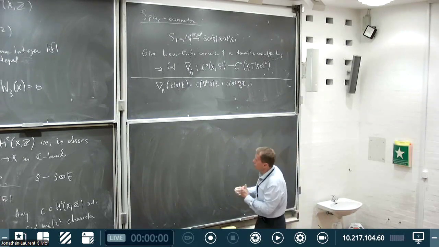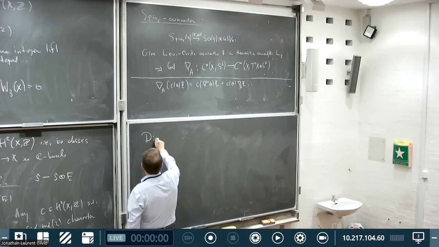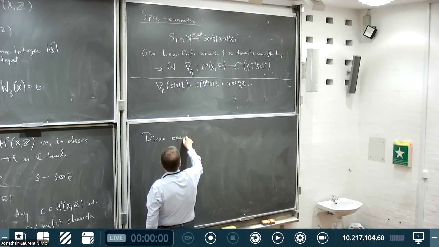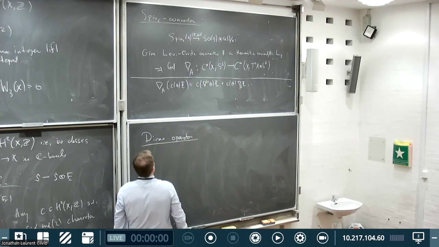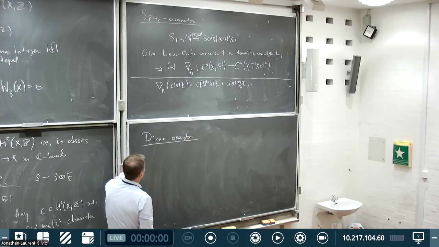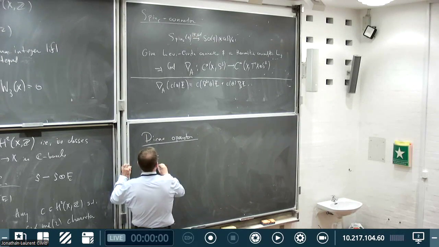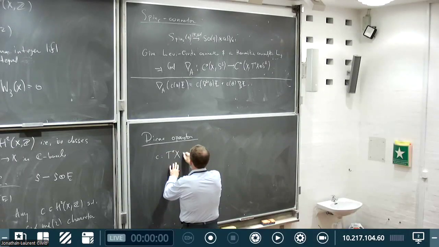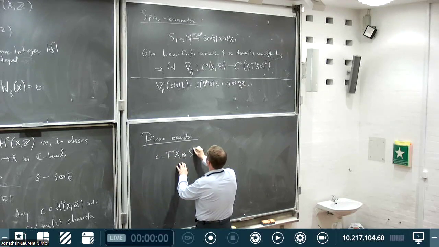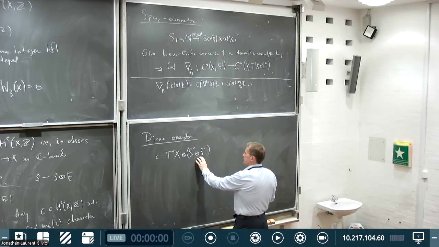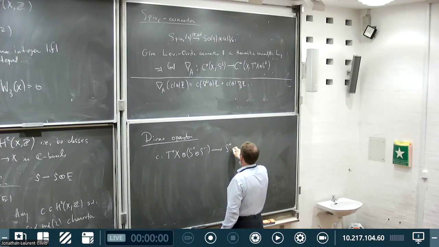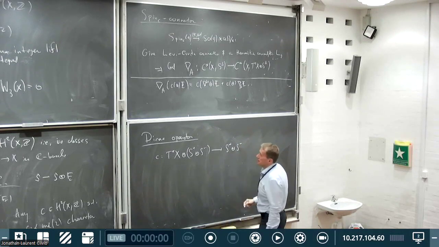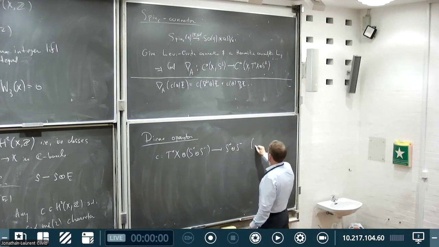Now we can introduce the Dirac operator. Okay, what's the Dirac operator? Well, Clifford multiplication gives us a map. In particular, I just restricted to one forms. It gives us a map from the cotangent bundle tensor S plus and S minus back to S plus and S minus.